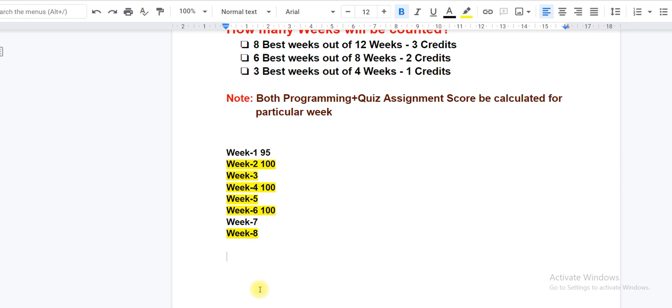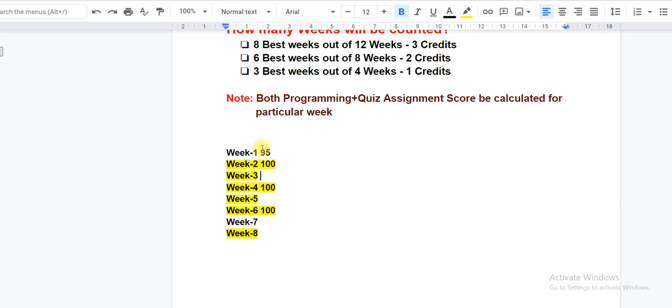If you have done all the assignments, or just 6 weeks of assignments, like here where you have 100 and also this 100, NPTEL will just sum all the week scores and divide by 6, and that will be your percentage. That 6 is the best, so NPTEL will calculate that.